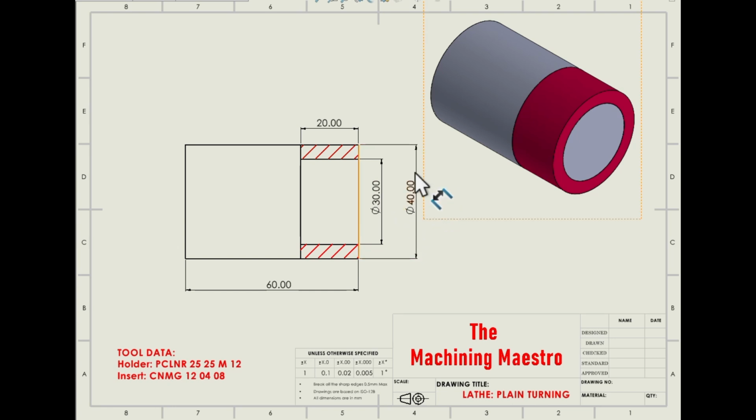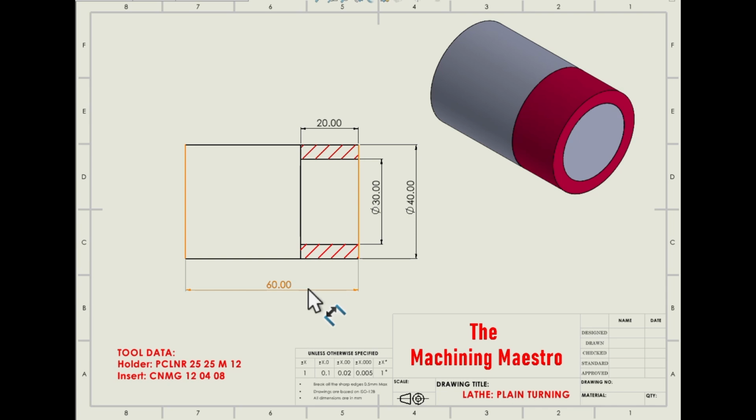So our goal is that the raw material is 40 diameter, and we will reduce it to diameter 30, and this diameter 30 will be maintained up to 20 length. This is the raw material length.